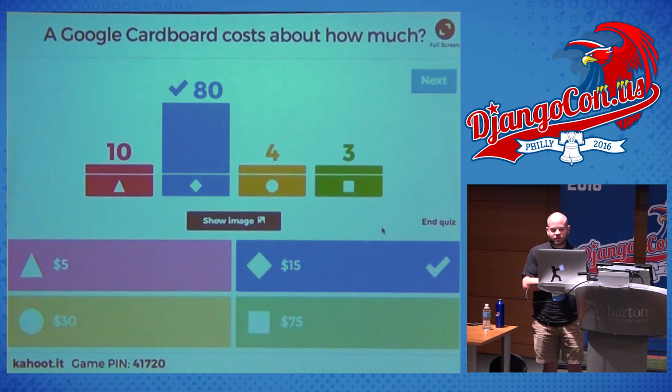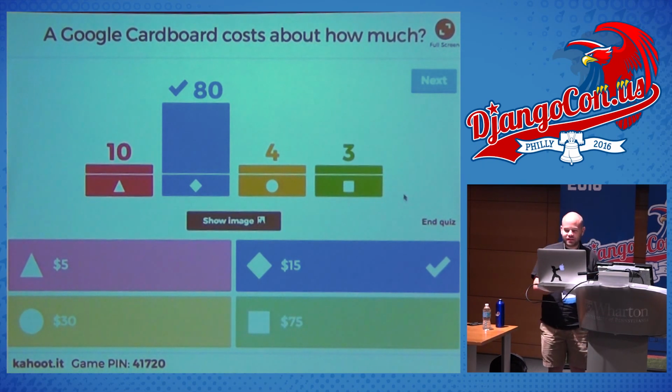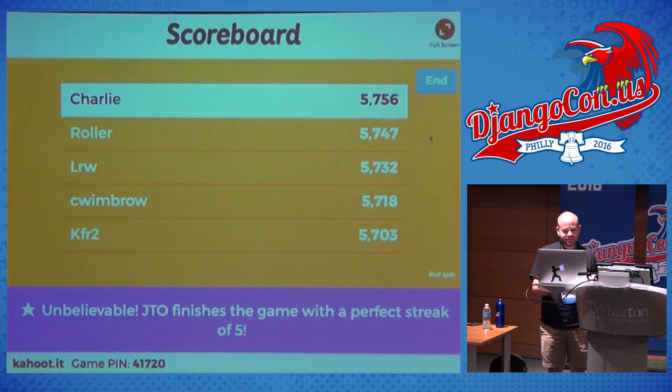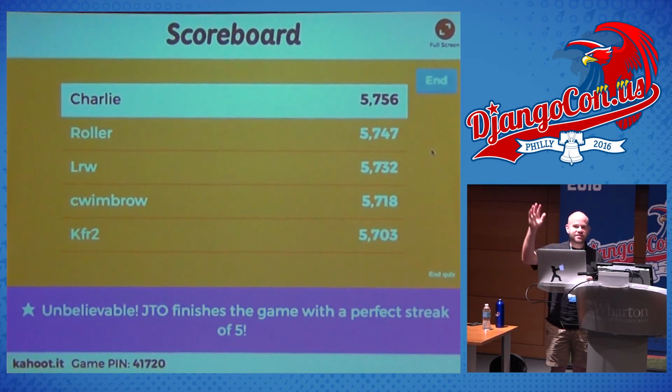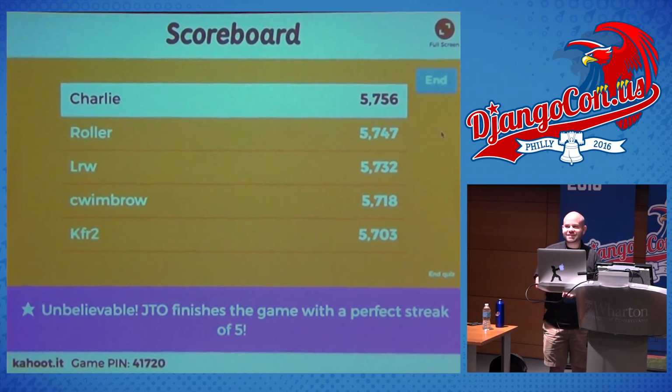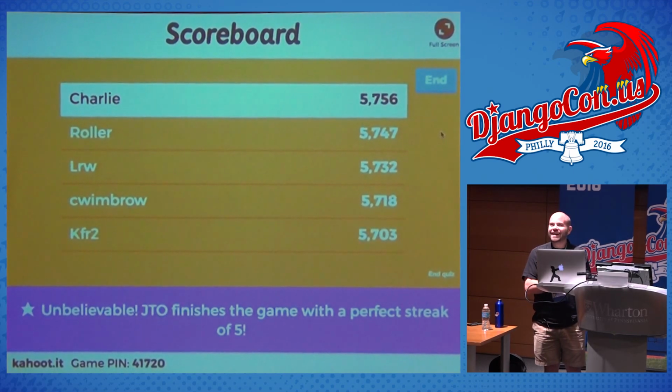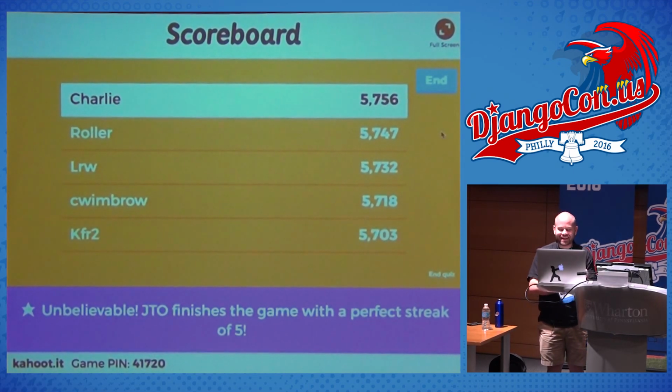Cheapest cardboard, $15. There might be some that are $30 or more. A little bit of a trick question there. People got it. All right, Charlie and Roller are winners. Just come see me after the talk, and I'll get your prize.